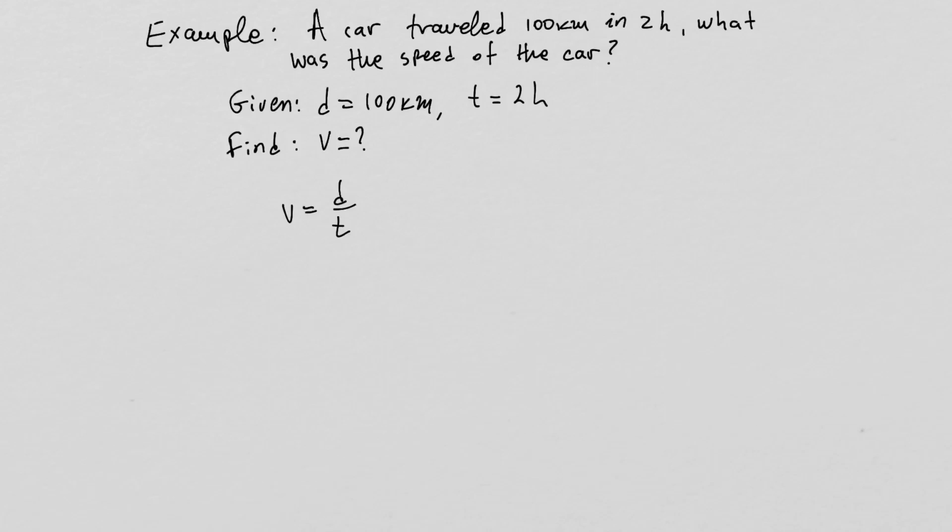In this case, this formula, the defining formula, already has the correct form for the calculation. So the speed v is expressed in terms of the distance of travel and the time of travel. So I just need to substitute d and t values in the formula and calculate the result.